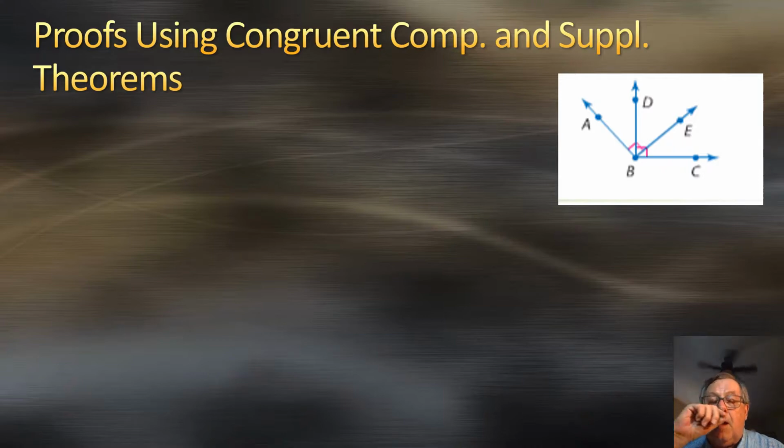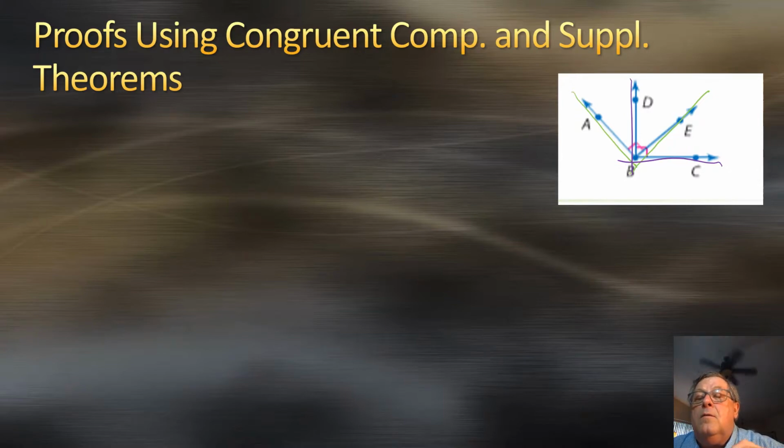I hope this doesn't mess up my animations. Here we see a couple of right angles. I can see that A, B, E is a right angle, and D, B, C is also a right angle.